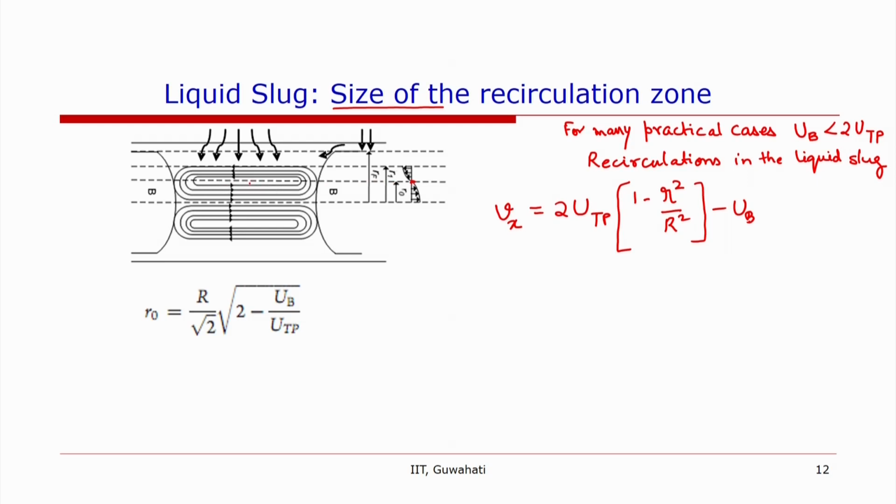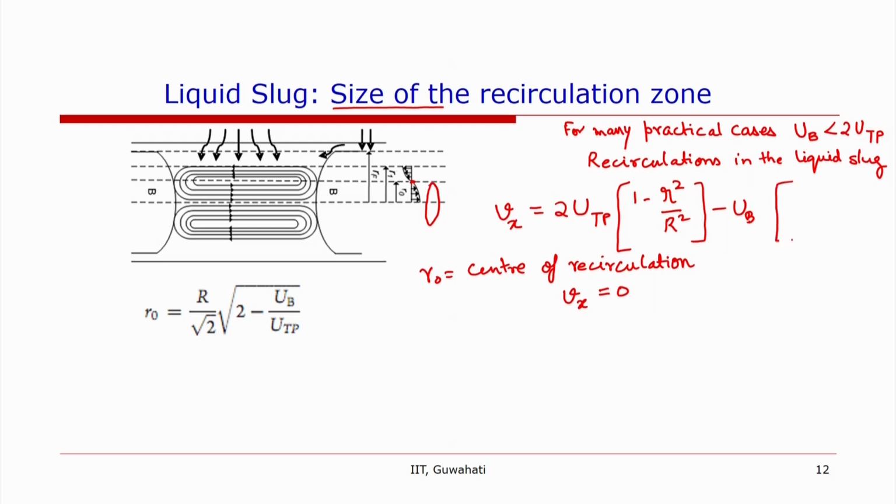So the center of the recirculation, the ring that will form, the radius of which we call R0, the center of recirculation. So at this point Vx will be equal to 0.